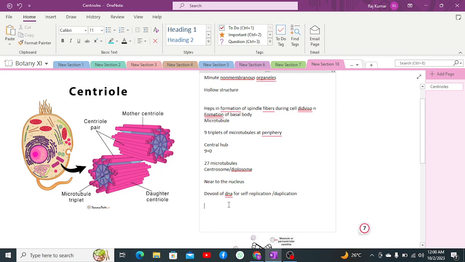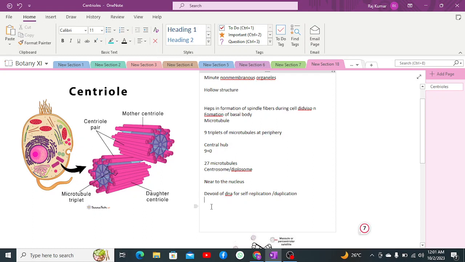During cell division they move to the opposite poles, forming spindle fibers, assembling them, generating force towards the chromosomes to attach the sister chromatids, and again disassembling.